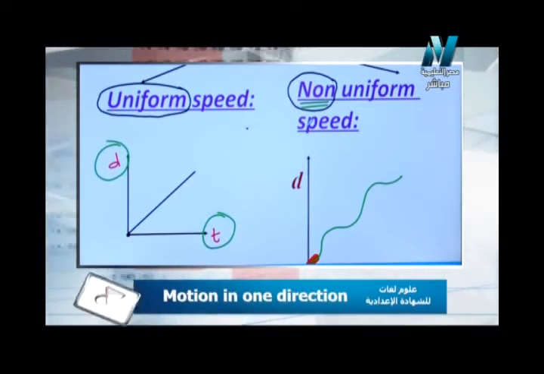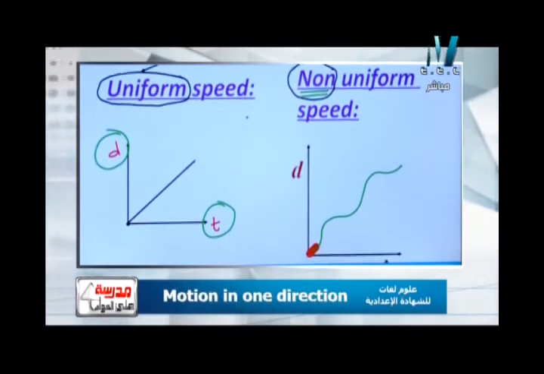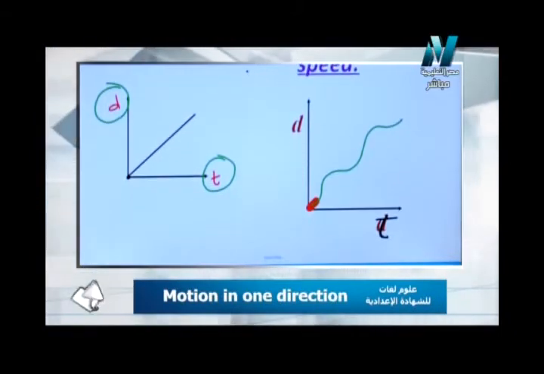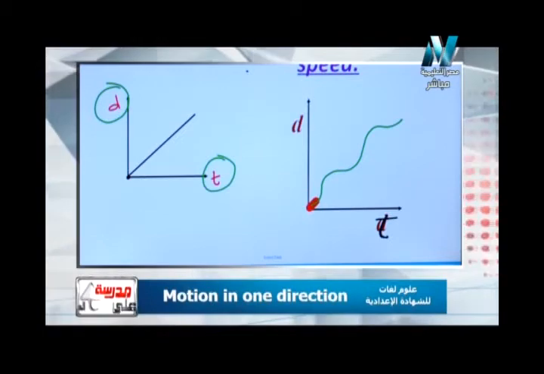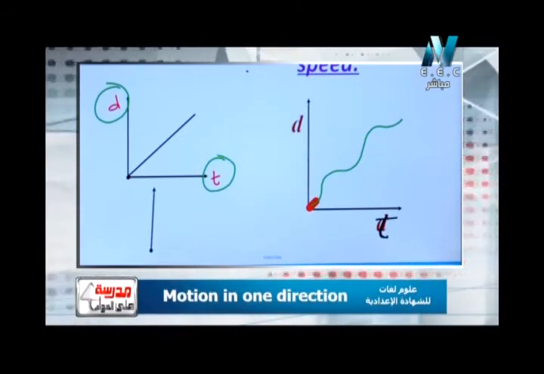Okay, before we go through the next point in this lesson, we have to draw another graph. We have a third graph here, and we should also get an idea about it. Let's take it on another page.